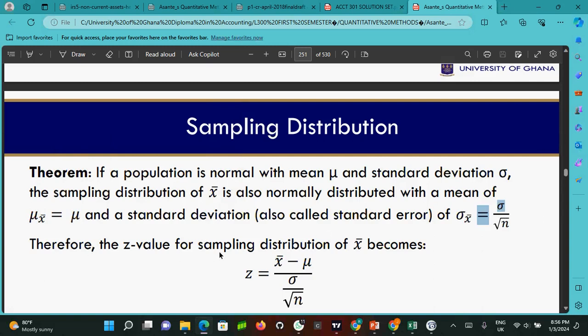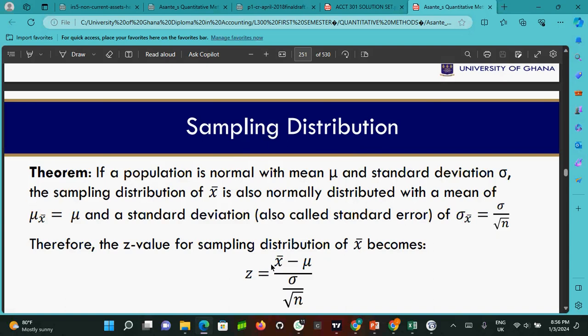Therefore, the z value for the sampling distribution of the sample mean becomes this. I told you earlier that what we did in the previous chapter was a stepping stone to the next one.